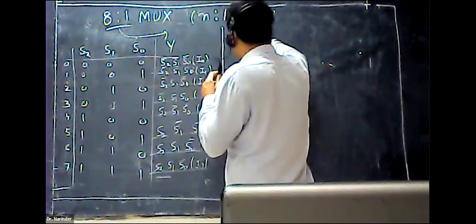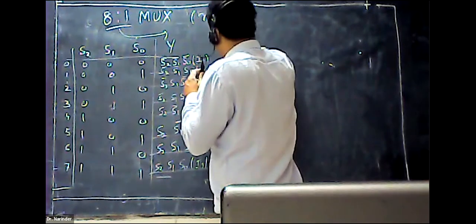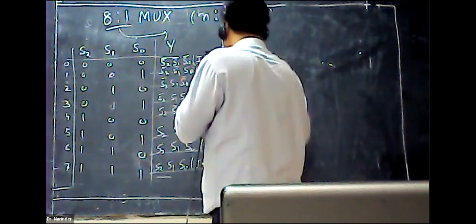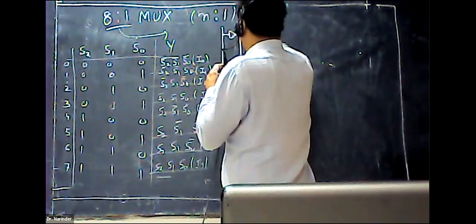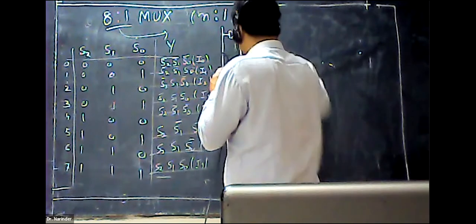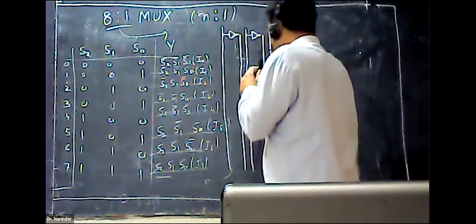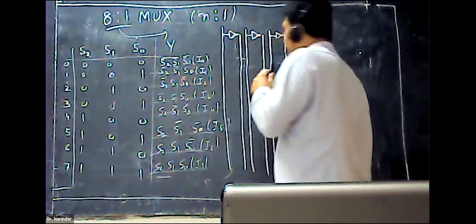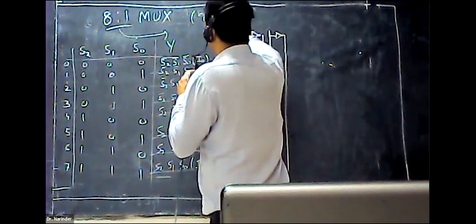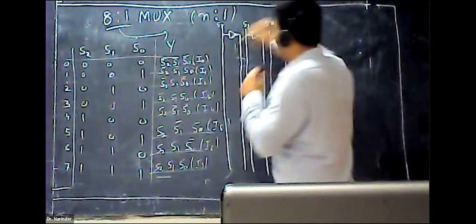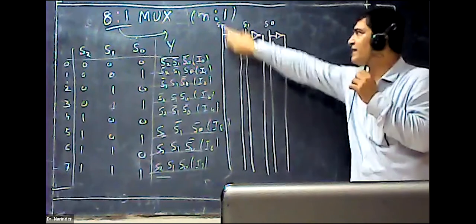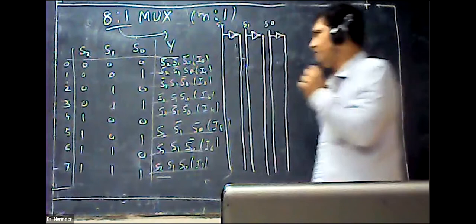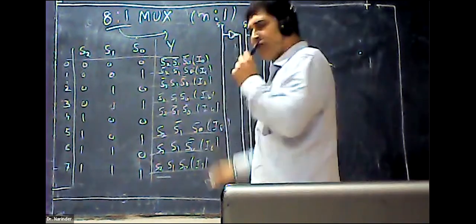It's better we write only the select lines: S2, S2 bar, S1, S1 bar, S0, S0 bar. You should label it as S2, S1, S0. It will automatically lead to, if there is a NOT gate, it will become S2 bar, S1 bar, S0 bar.